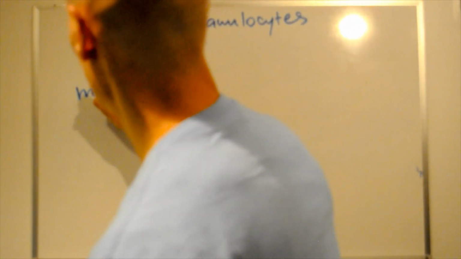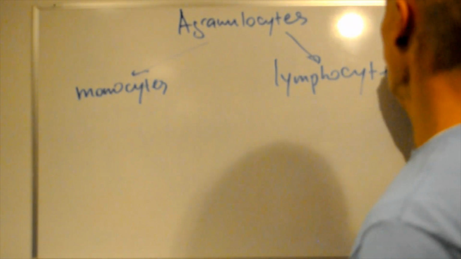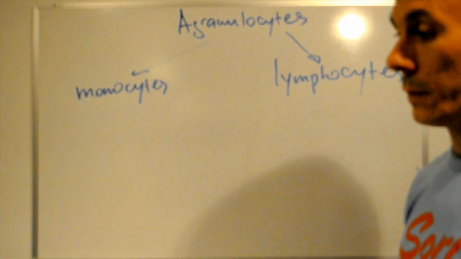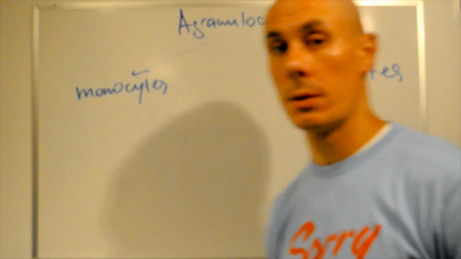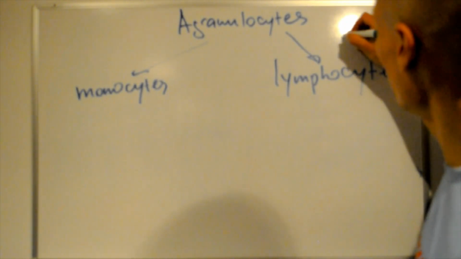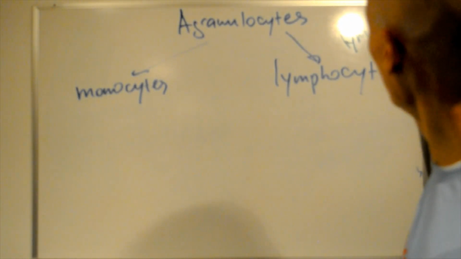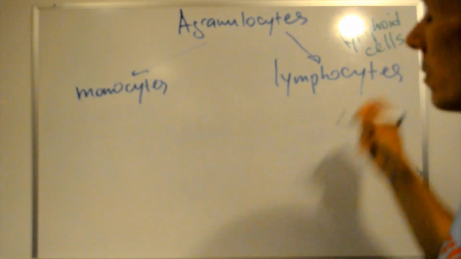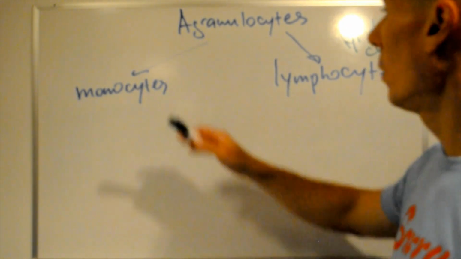Now it's turn for agranulocytes. Agranulocytes can be divided into monocytes and lymphocytes. Lymphocytes are cells that do not reside in the circulation, they normally sit in the lymphatic system. They sit in the lymph nodes. Those are lymphoid cells, so-called cells of the lymphoid origin.